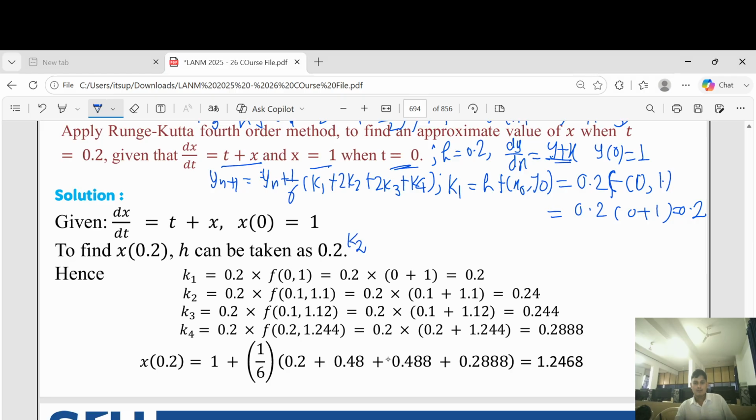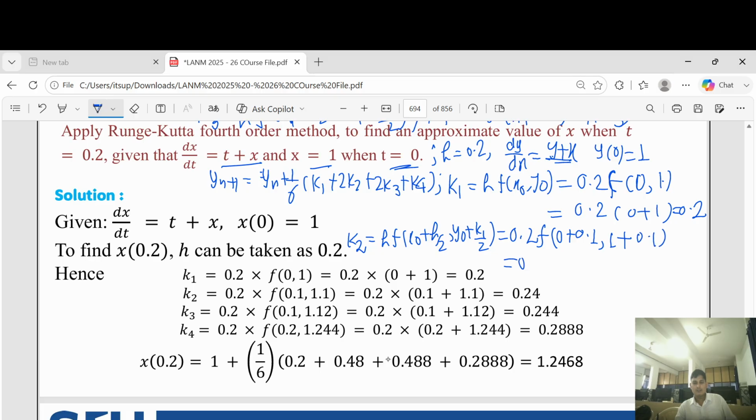Next is k2. k2 is h times f of x naught plus h by 2 comma y naught plus k1 by 2. So 0.2 times f of x naught, which is 0, plus h divided by 2, which is 0.1, comma y naught, which is 1 plus k1 divided by 2, which is 0.1.